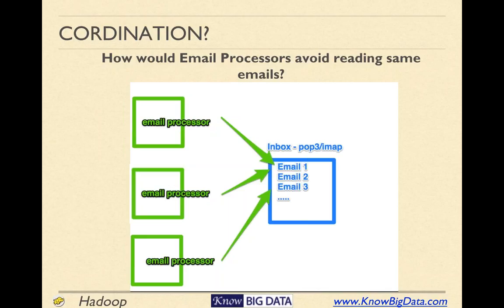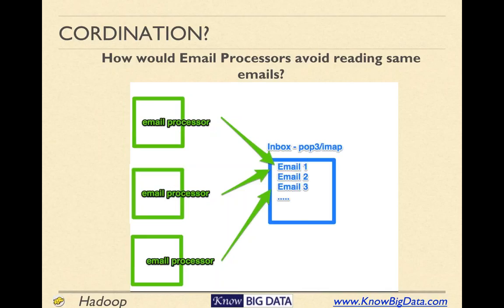The server which contains the emails of the users is single. There is a single machine containing the emails of all the users, and the processors run on multiple machines, reading emails from this inbox. The only problem is that the email processors cannot modify the inbox. The inbox is read only for them.